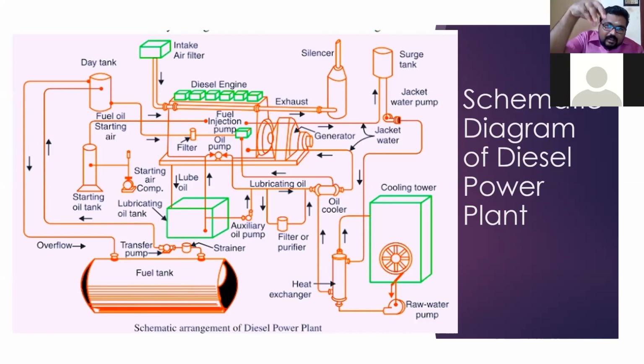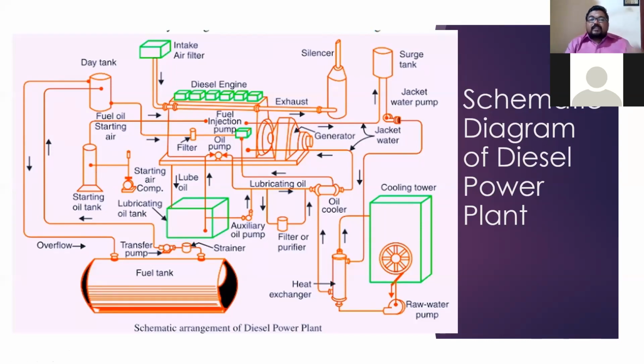When the fuel goes in, the explosion automatically happens, and then the movement will start. Okay, so that is the process. Only for starting purposes, the compressed air or compressor arrangement can also be used.